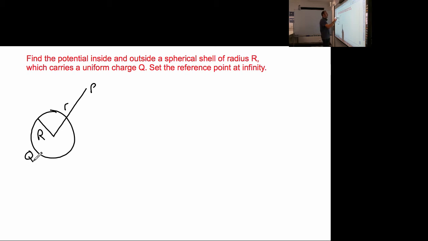So first of all, let's write down Gauss's law. Our electric field is going to be equal to 1 over 4 pi epsilon naught Q over r prime squared r hat.